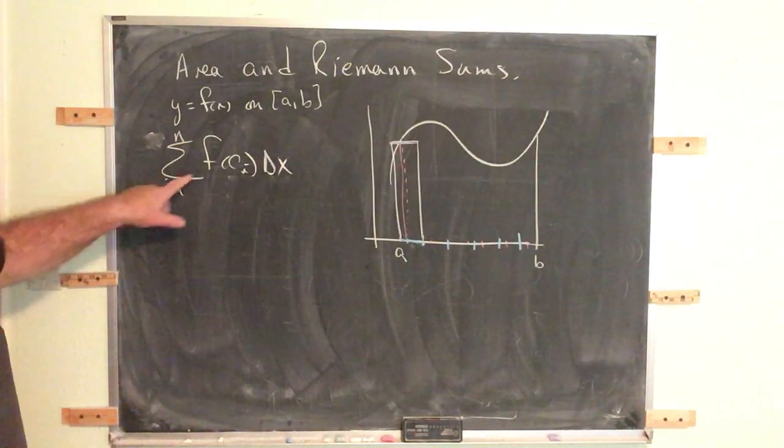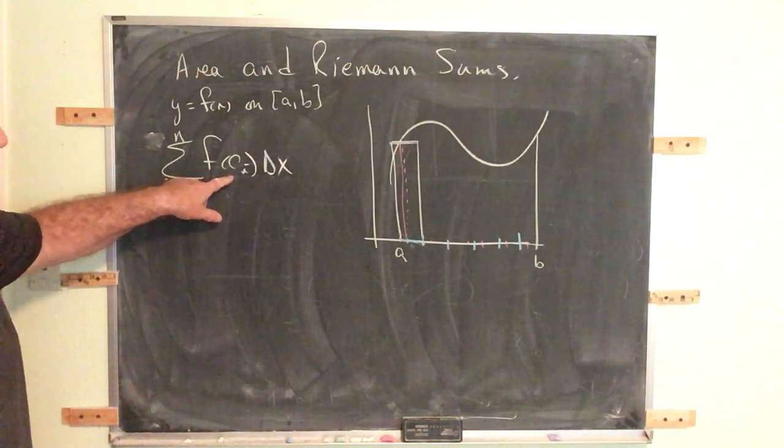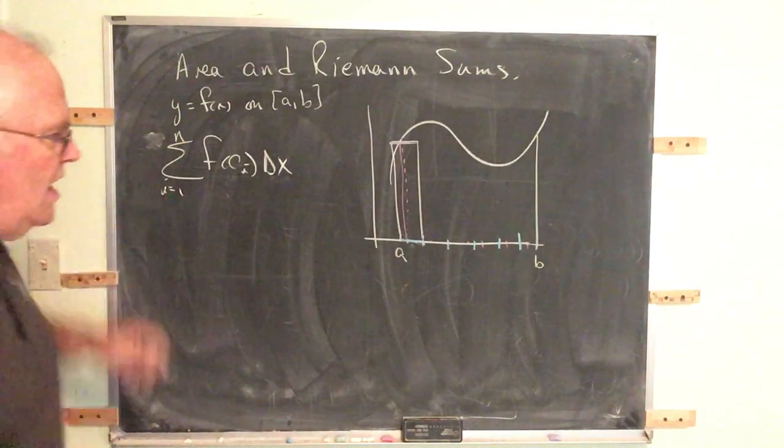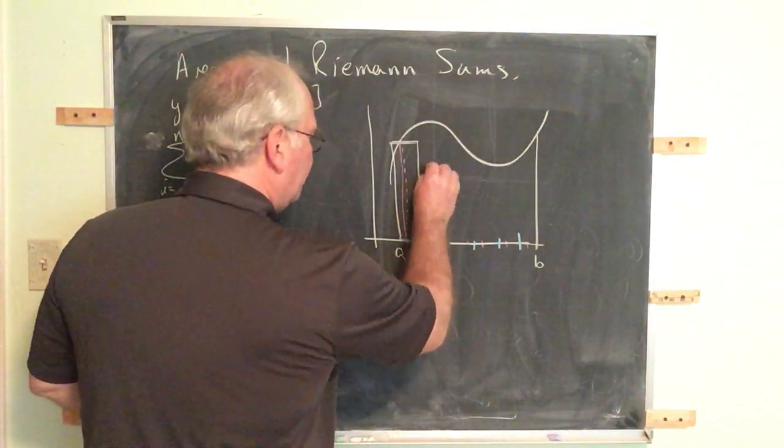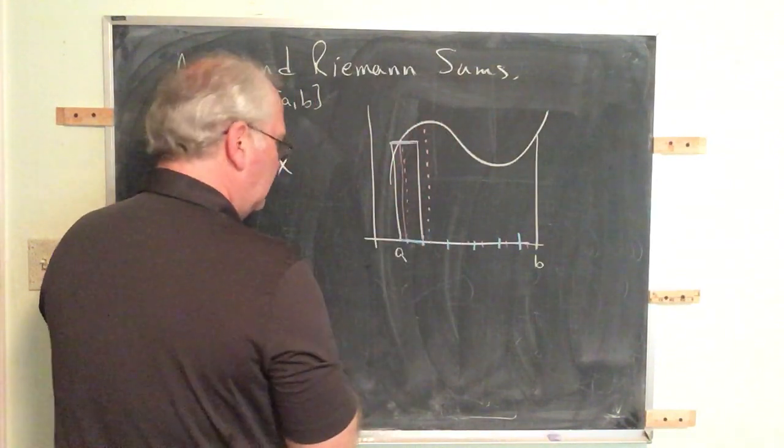That's for i equals 1, subinterval number 1. When i equals 2, then we have subinterval number 2, and that would now be this height.